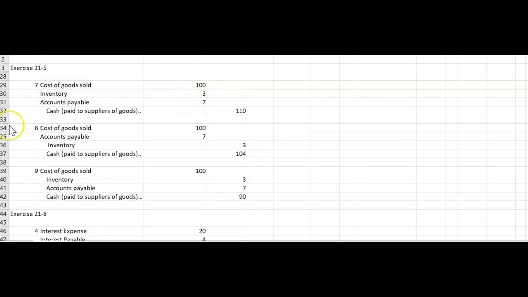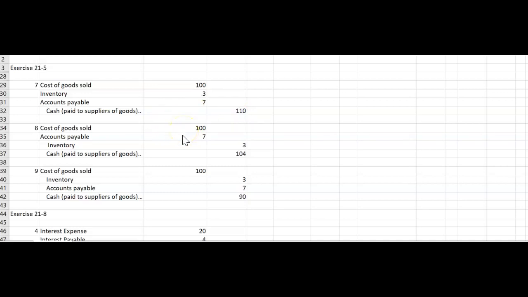And to balance the journal entry, you would add the 3 debits and you get cash paid to suppliers for goods of 110.